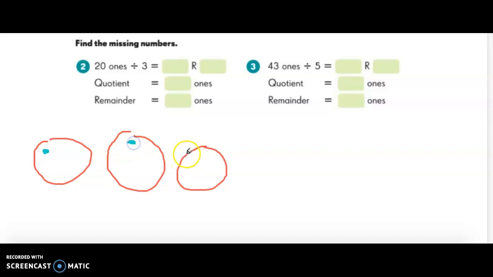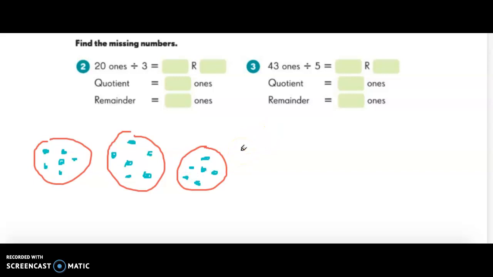start sharing these. So that's 3, 4, 5, 6, 7, 8, 9, 10, 11, 12, 13, 14, 15, 16, 17, 18.